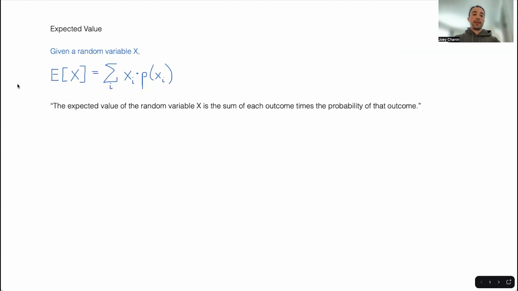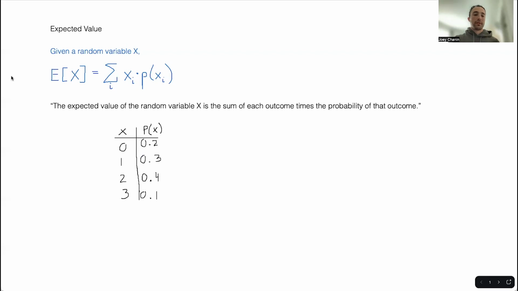And with these expected value problems, typically you'll get maybe a table or it will describe a series of outcomes. Let's call that x and the probability of that outcome, right? So maybe we have 0, 1, 2, 3. Maybe these happen with probabilities 0.2, 0.3, 0.4, and 0.1, right?